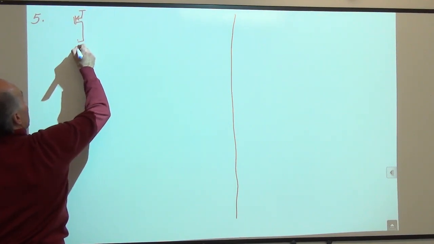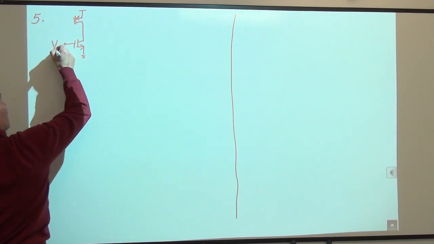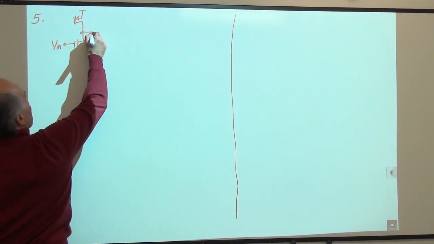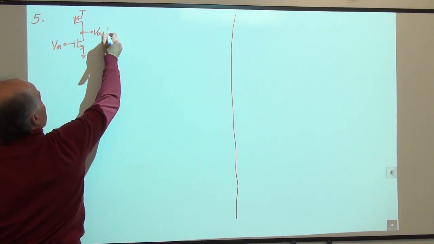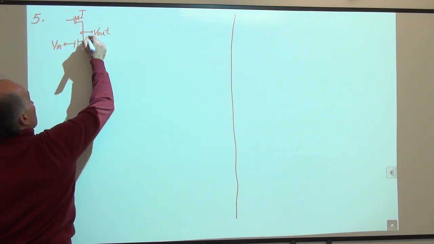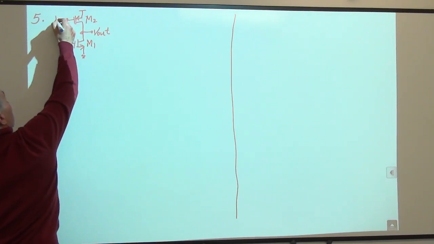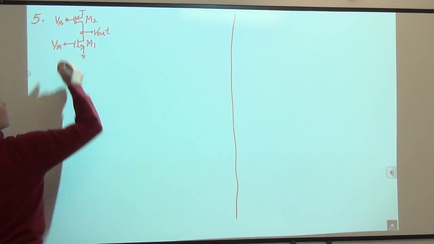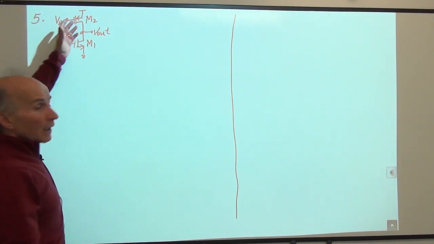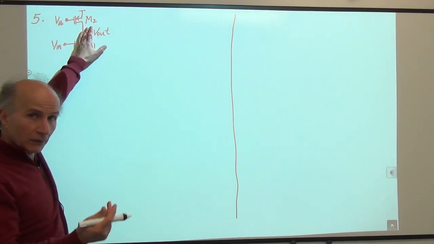Here's a PMOS device, here's an NMOS device, Vin going in, Vout coming out. Call this M1, call this M2. The PMOS device needs some sort of bias voltage here, VB, so that it's turned on, acts in saturation, and everything, all the good stuff.